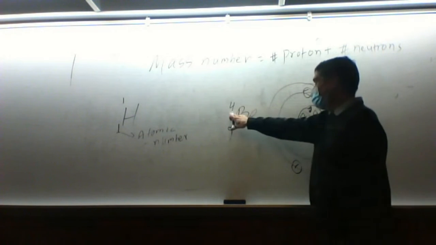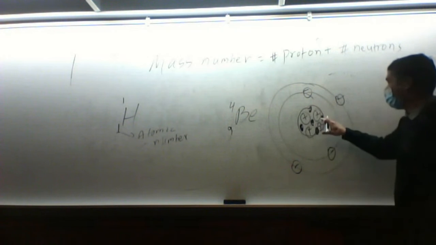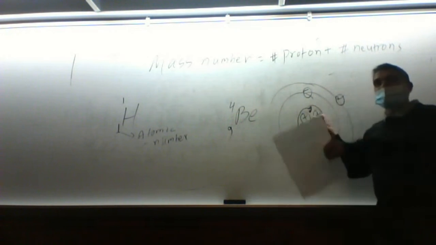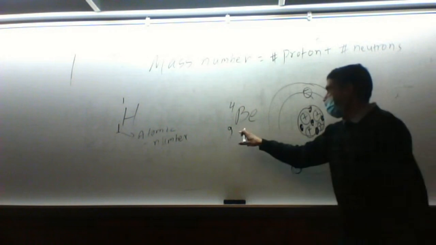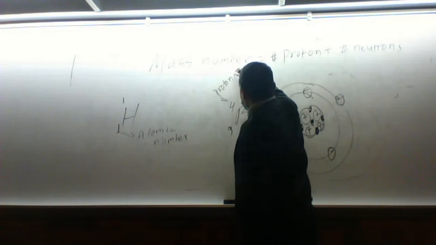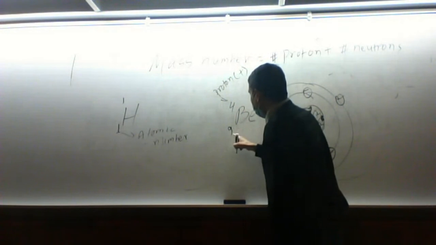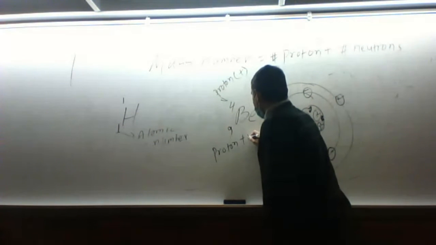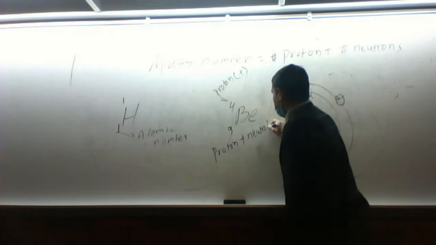So first of all, look here. What is here? 4. So make 4 positive there. And what is here? It's 9. So increase the number to 9. So this one is protons that have plus charge and are at the center, and this 9 is protons plus neutrons.